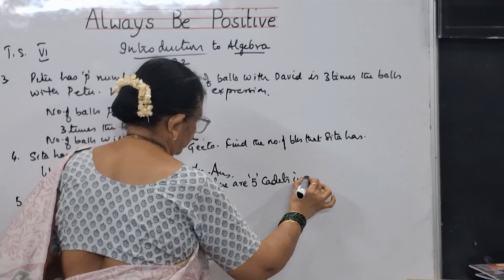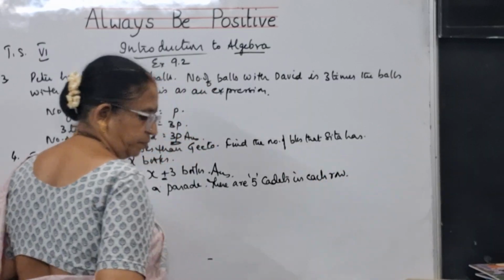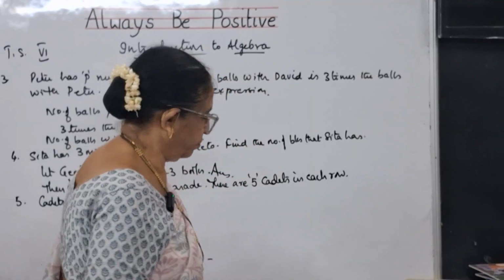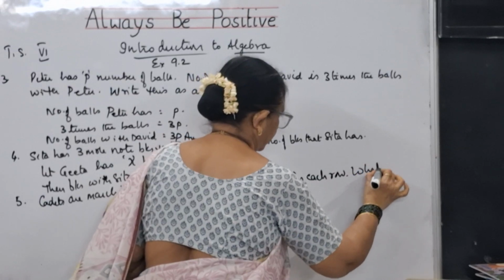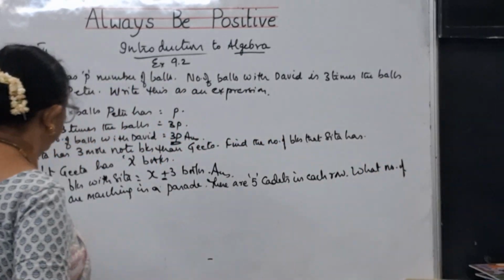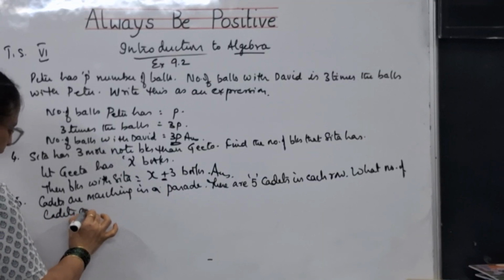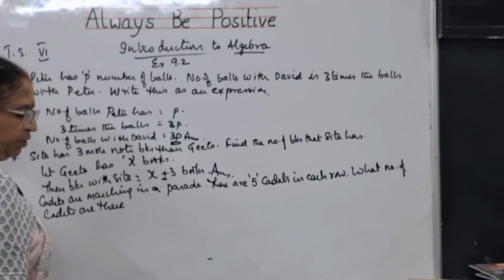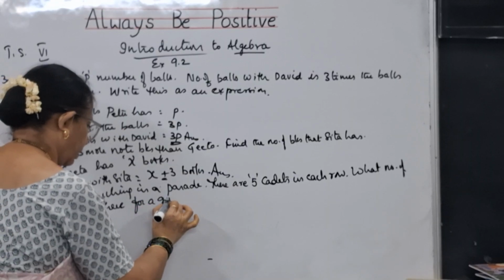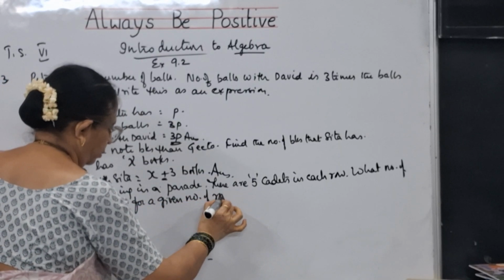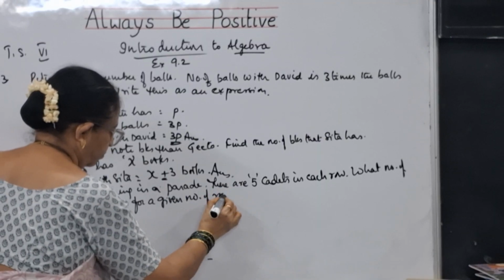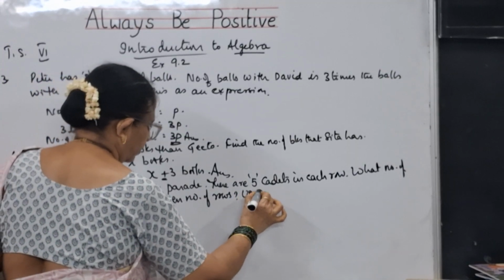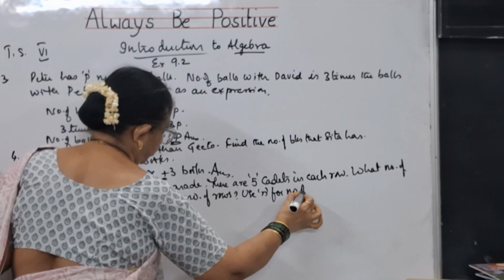Then the question: what number of cadets are there for a given number of rows? Use n for number of rows.